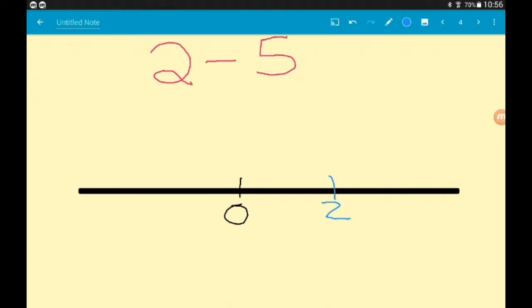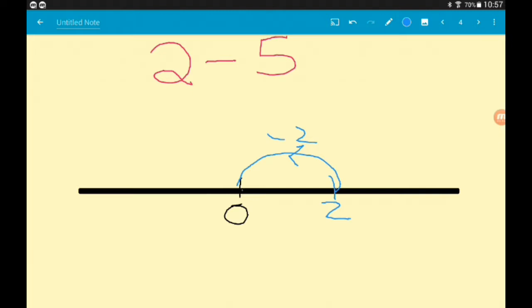So I would first of all think, how do we get from 2 to 0 by going to the left? Well, we would subtract 2. So altogether we want to subtract 5. At the moment, to get us down to 0, we've subtracted 2. Now let's think about how many more we have to subtract. So, we've taken off 2, we want to take away 5 in total. That means we have another 3 to take off.